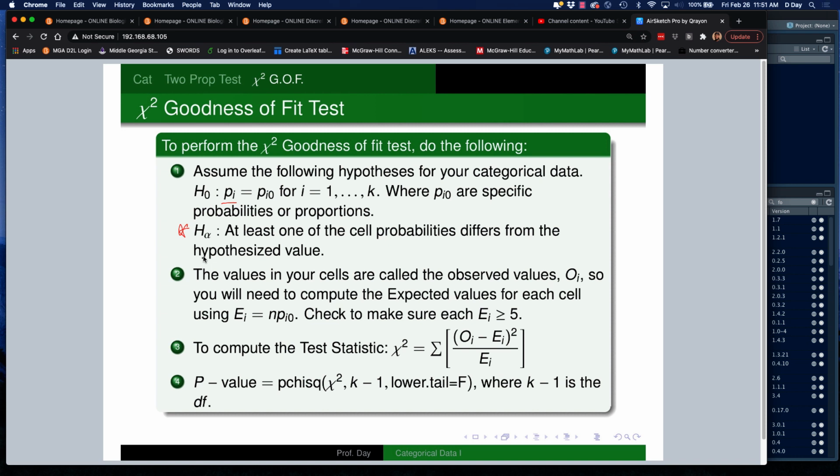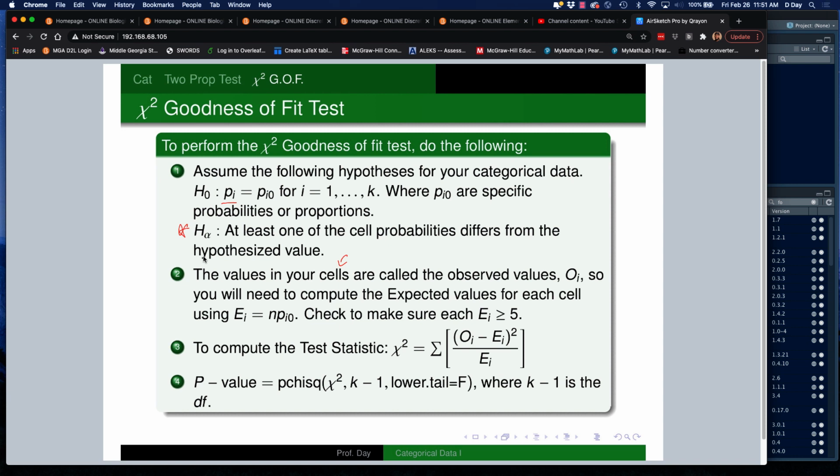The values in your cells, we're going to build little tables, that's what I'm referring to as cells here, are called observed values. We go out, we collect data, our observations, and we get counts. The one we're about to do is based off of flowers and the different colors of a specific type of flower found in a field.